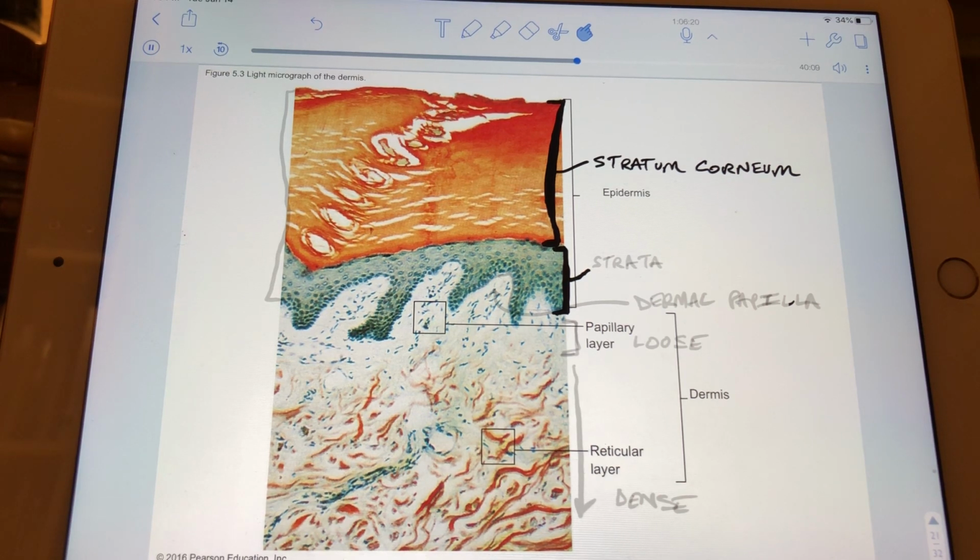So this includes the other strata, stratum granulosum, stratum spinosum, stratum basale. All right, stratum basale would be this thin single layer here. Okay, in other words, stratum basale is hugging or in direct contact with dermal papillae. Here is a dermal papilla.